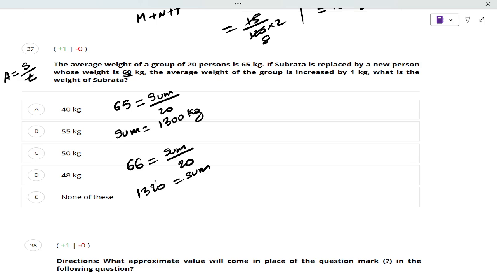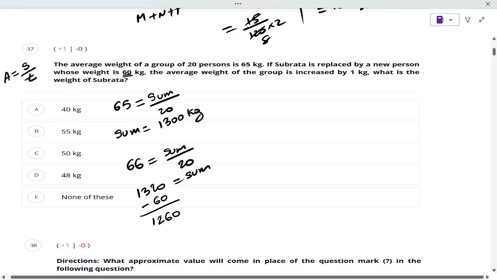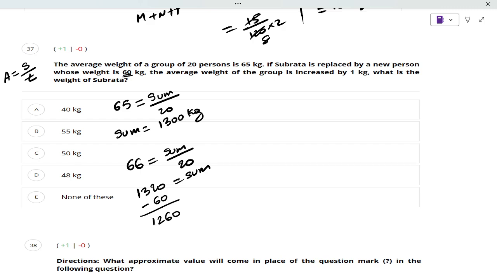So here 1320 we have, including the new person's weight. Now if we subtract the new person's kg, which is 60 kg, then are we getting 1260? Yes. So 1260, we have without the new person.